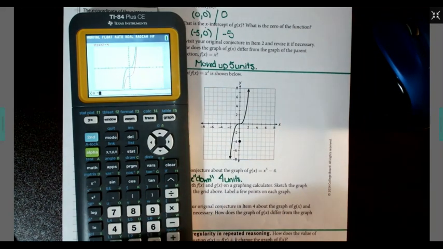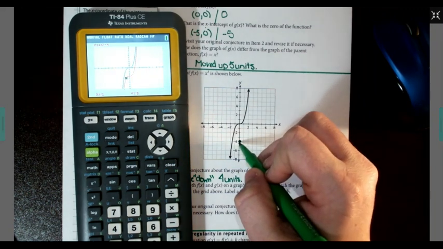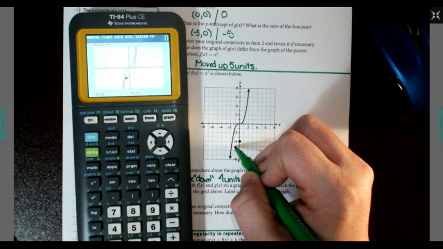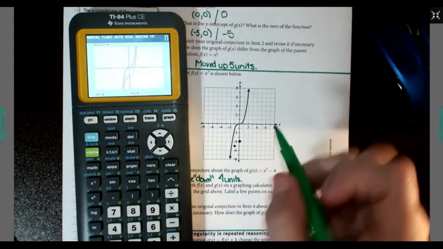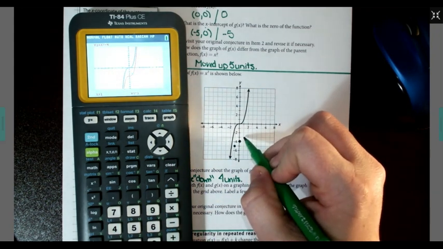All right, let's try negative 1. That gives me negative 5. Let's try positive 1. That gives me negative 3.